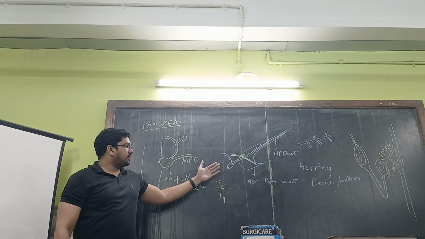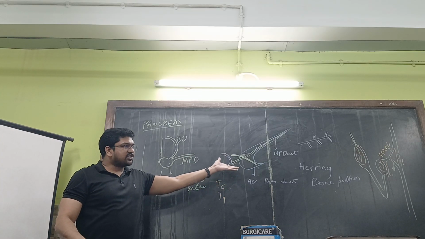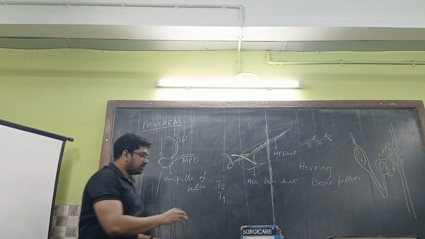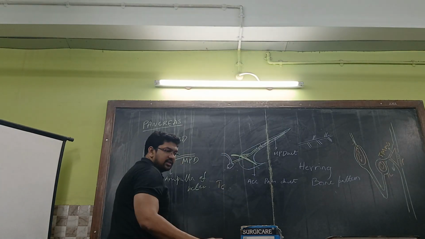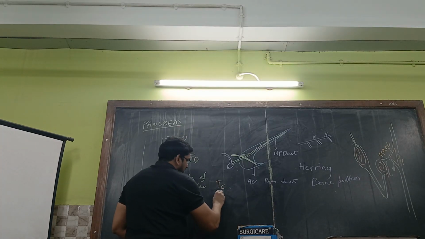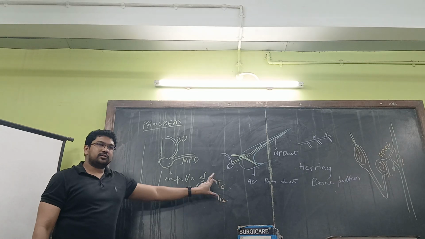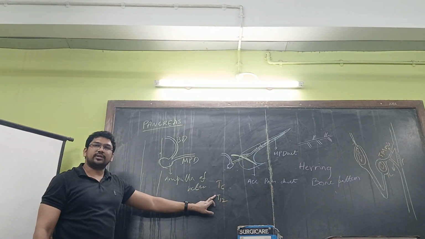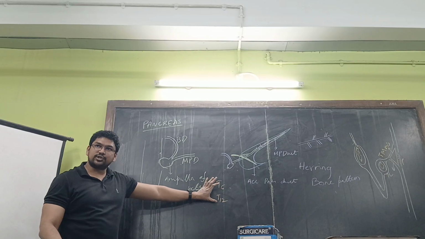That pain will be referred to which part of the abdomen? Anterior epigastrium, T6 to T9. Sorry, not T6 to T9, T6 to T12. Thoracic spinal segments over here.